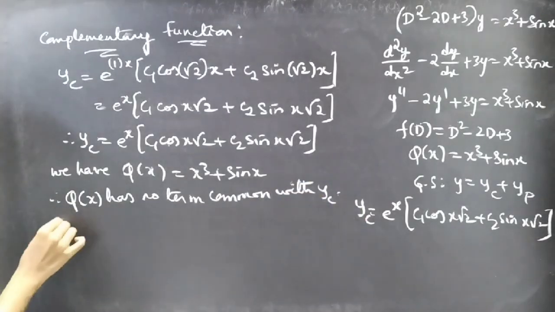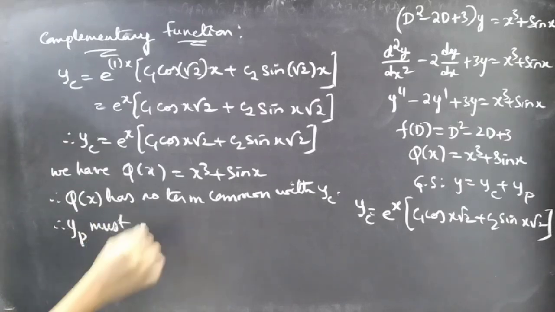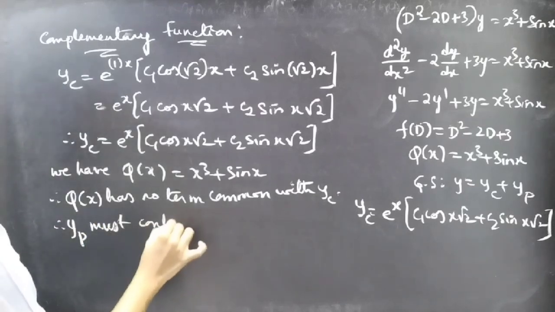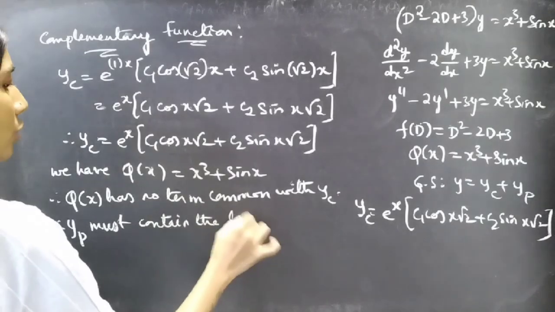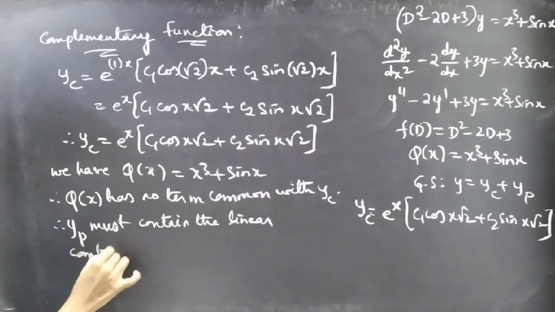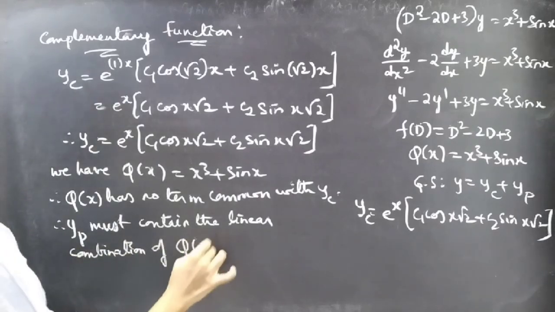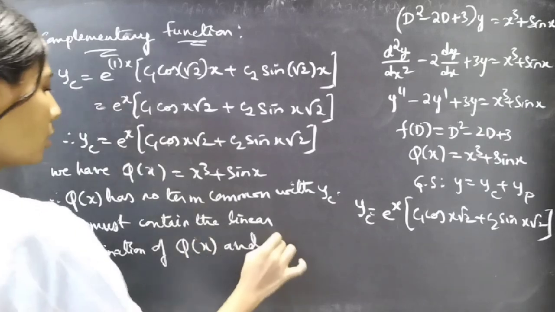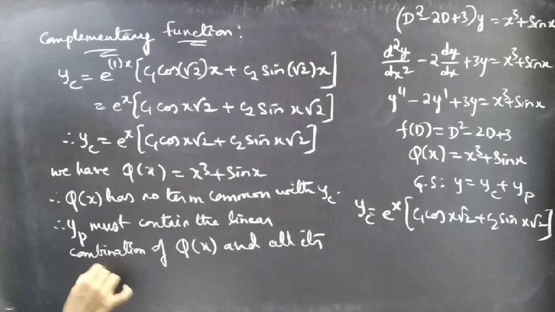So therefore yp must contain the linear combination of Q(x) and all its linearly independent derivatives.